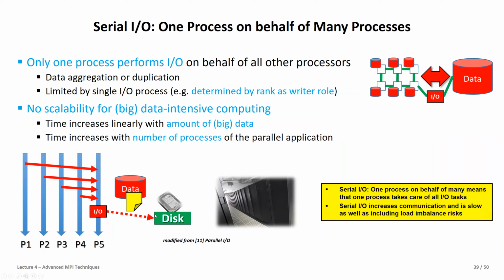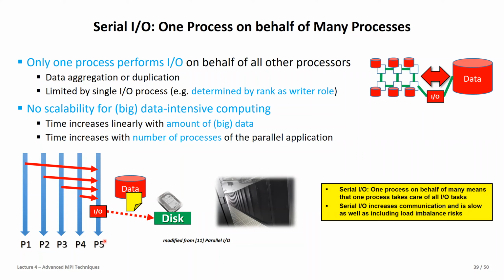Think about it: instead of 5 processors, we have 500,000 processors, as we have seen in one particular application, and they're all exchanging. And maybe at some point in time, we want to collect all the data. Then we have one selected master that is responsible for the I/O in order to save all the data to disk.